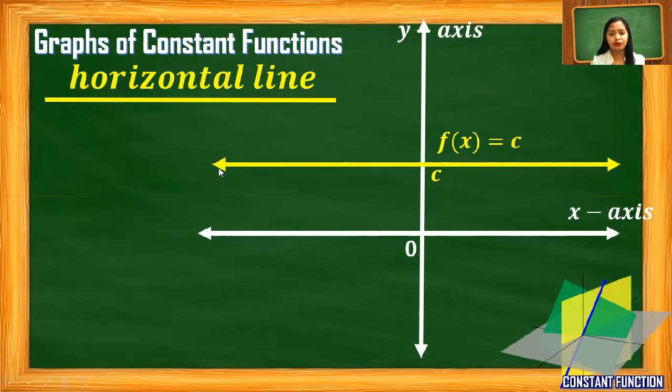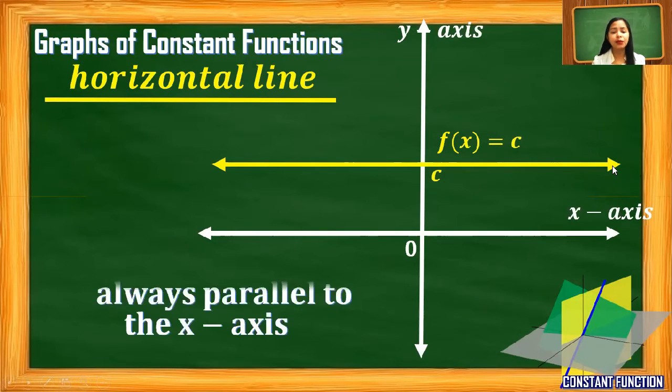This is the graph of our constant function, a horizontal line. Always remember that it is parallel to the x-axis. Parallel lines never intersect each other, no matter how far we extend them.